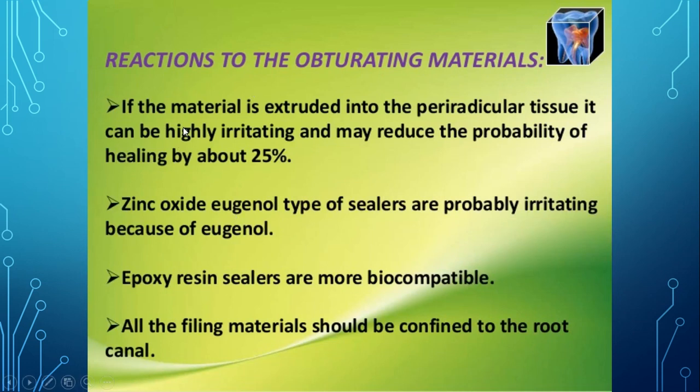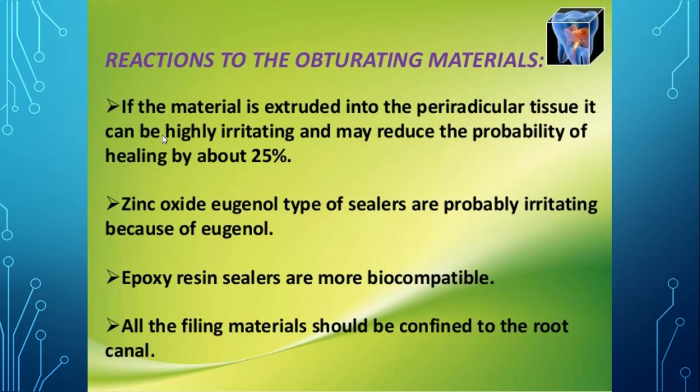Reactions to the obturating materials. If the material is extruded into the periradicular tissue, it can be highly irritating and may reduce the probability of healing by about 25%. So sealer should not be extruded from the apex, especially those which are irritant to periradicular tissues, like zinc oxide eugenol type sealers.